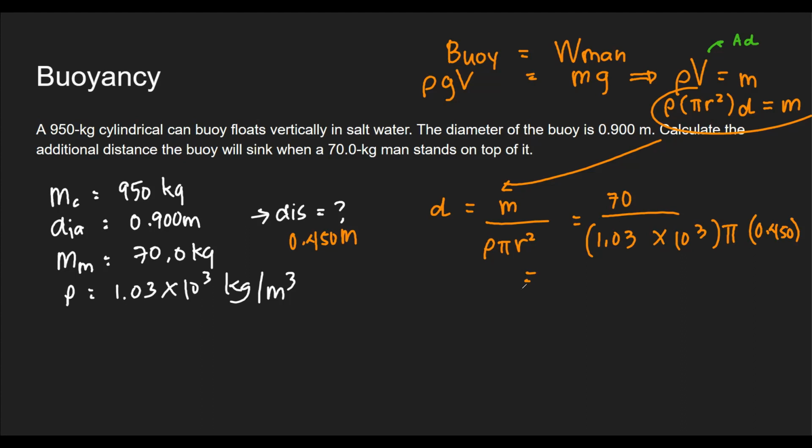Multiplying everything, calculating everything, we'll just have 70 divided by 1.03 times 10 to the third times pi times 0.450 squared.